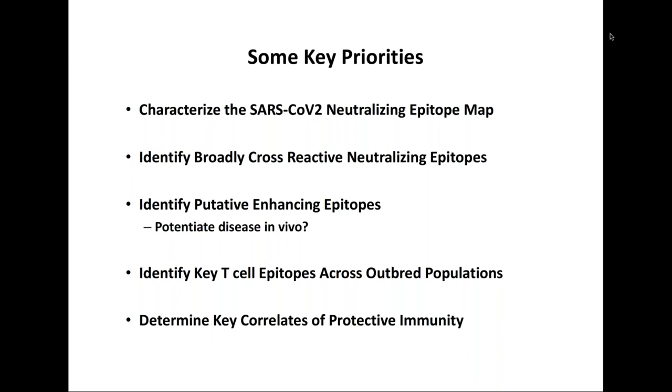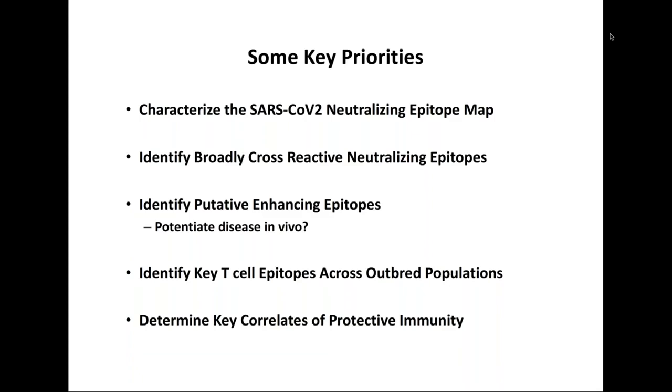So some key priorities, I think, certainly are to characterize the SARS coronavirus 2 neutralizing epitope map, identify broadly cross-reactive neutralizing epitopes so that we might be able to focus vaccines on specific targets, and identify putative enhancing epitopes if they exist. I would have to argue that if they didn't potentiate disease in vivo, the interest level in this as a research topic should go down.